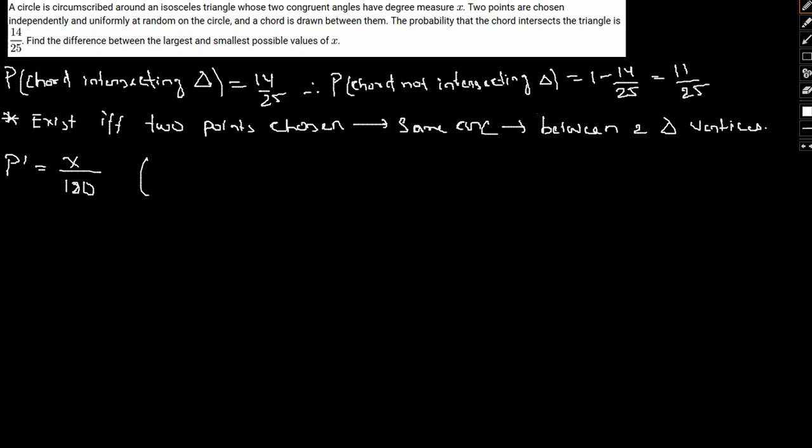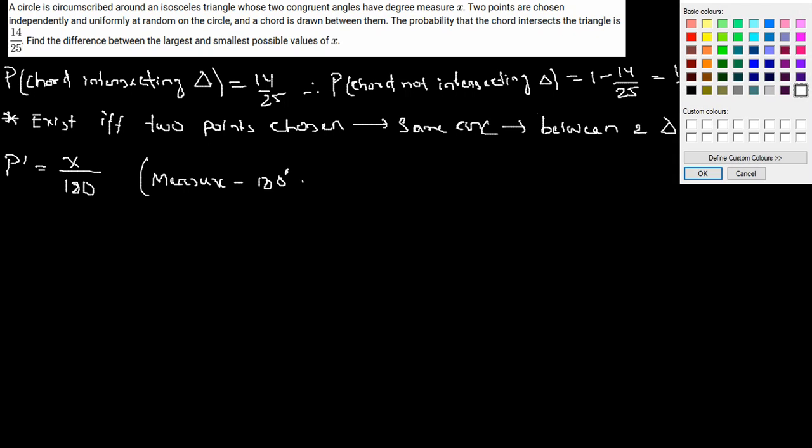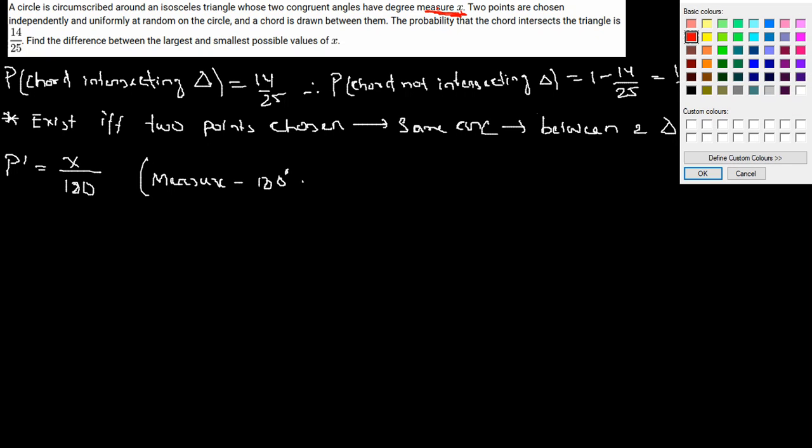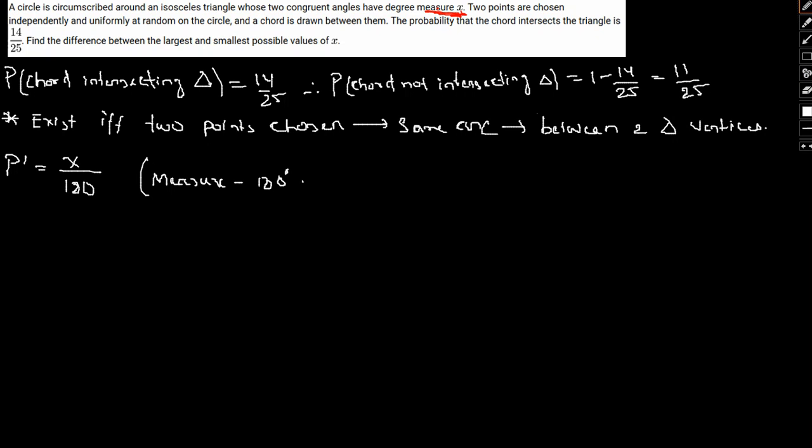Because the total measure is 180 degrees, and the arc opposite is already given to be x degrees.